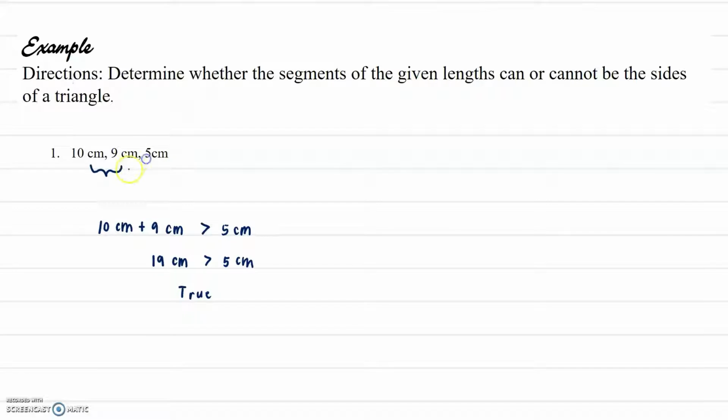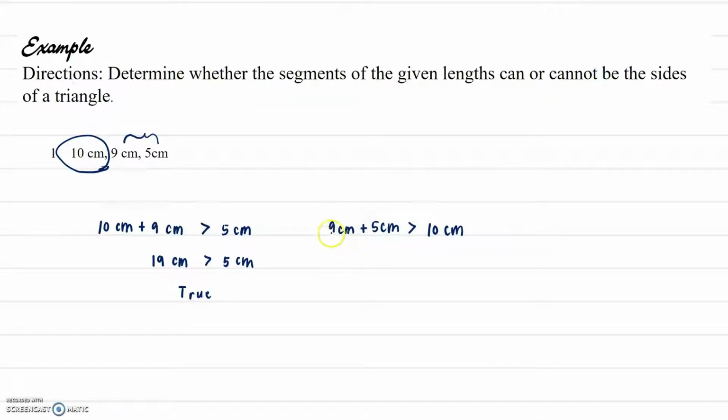Now, let's have 5 and 9. So we have here 9 centimeters plus 5 centimeters should be greater than the remaining side, which is 10 centimeters.